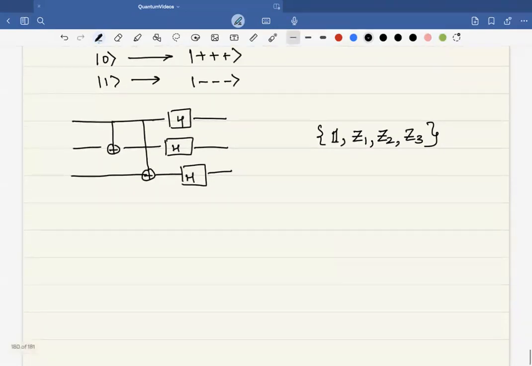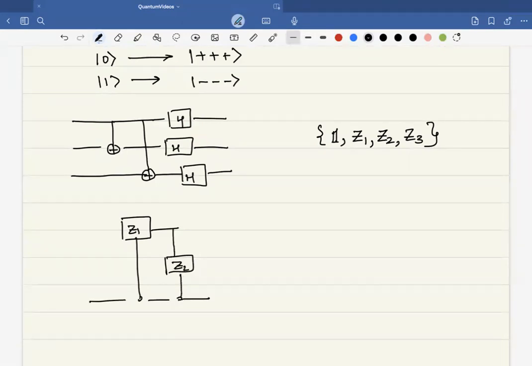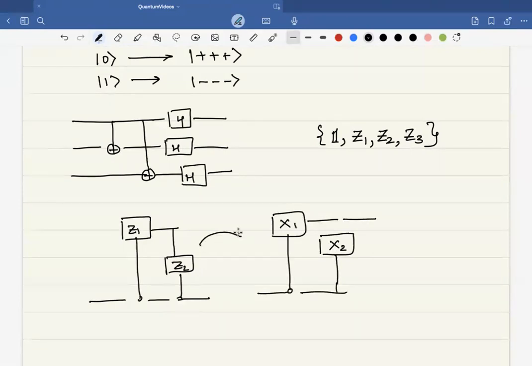And now instead of the error detection being done by the Z1 and control Z1 operators like this, this will be replaced by X operators. So this will change to this.